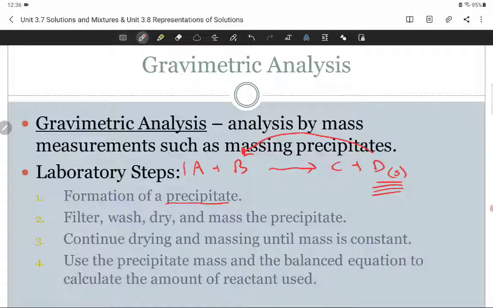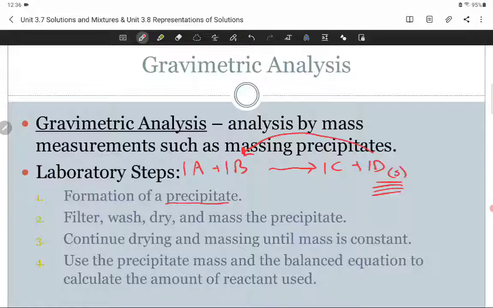Why? Because the reactants and the products all have coefficients. In this case, I just made them ones, but they might be twos, it might be threes, whatever. Those coefficient ratios are mole ratios. So we can know if we had this many moles of this, how many moles of that we had.